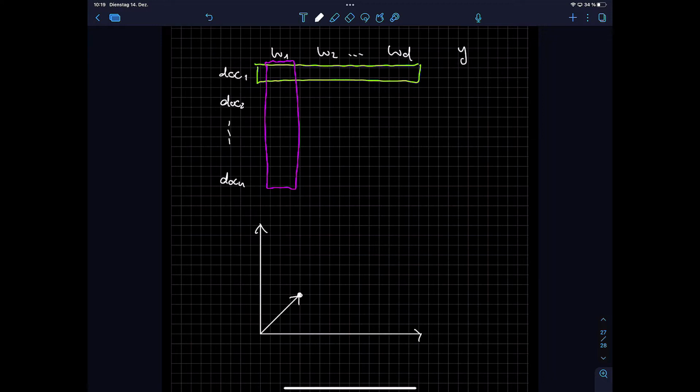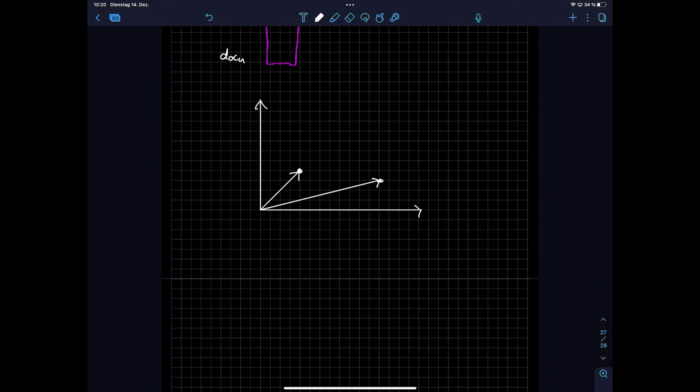Now if we have another one, then it may look like this. Each vector here in 2 dimensions would be represented by 2 coordinates, one that gives us the number on the x-axis and the other on the y-axis.